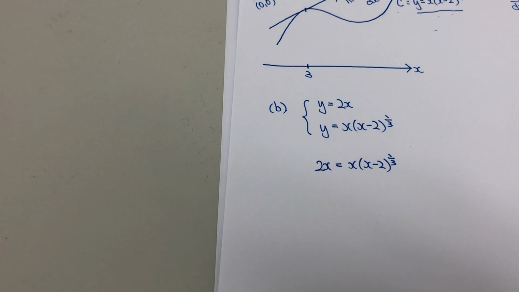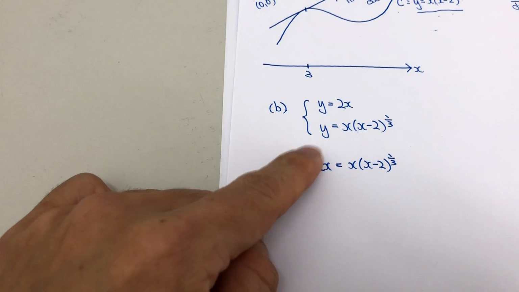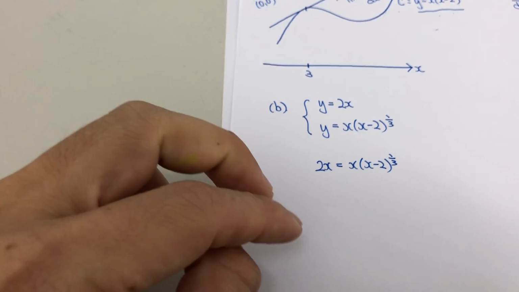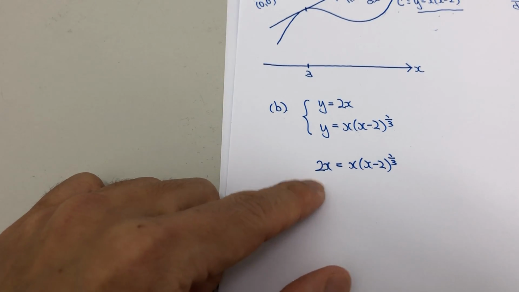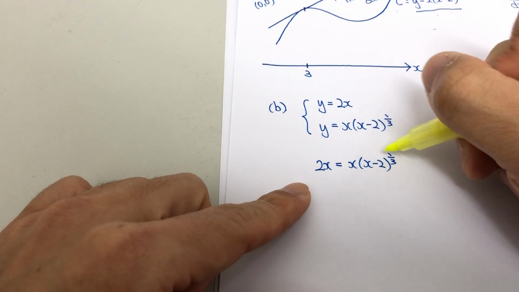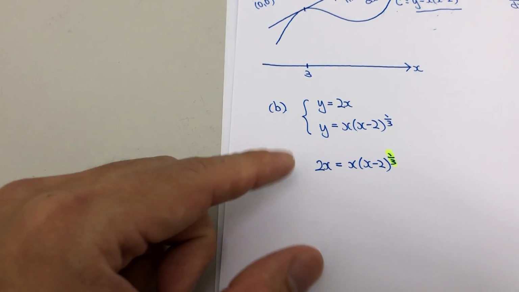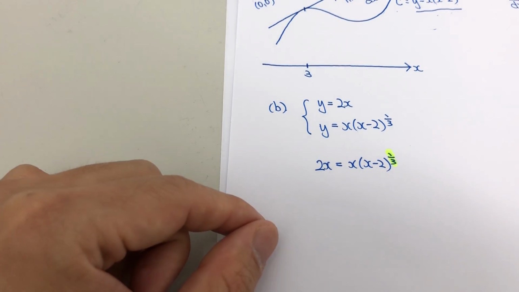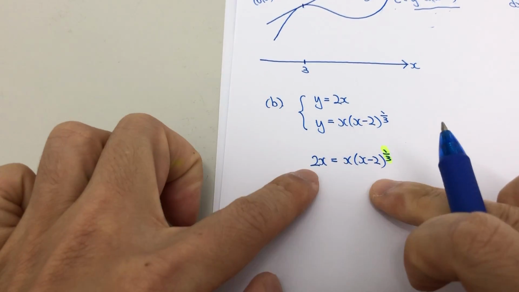And now, what do we do? What do we do to simplify this equation? We need to find the value of x, and there should be two values of x. So what makes us uncomfortable is the 1 over 3, right? So what could we do so that we could get rid of the 1 over 3? On both sides, what should we do?